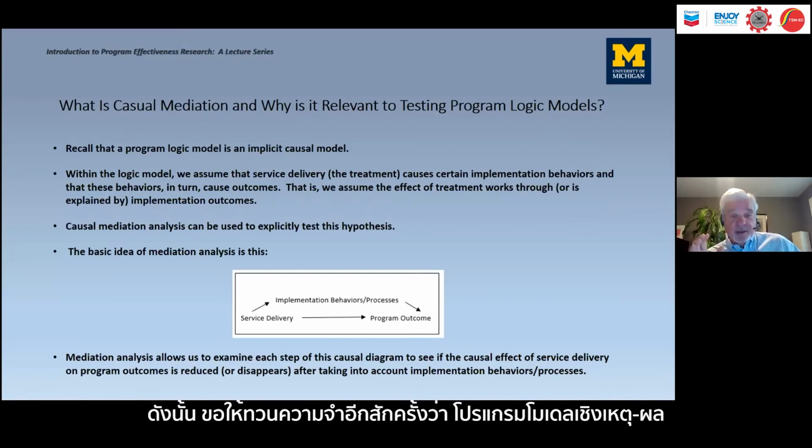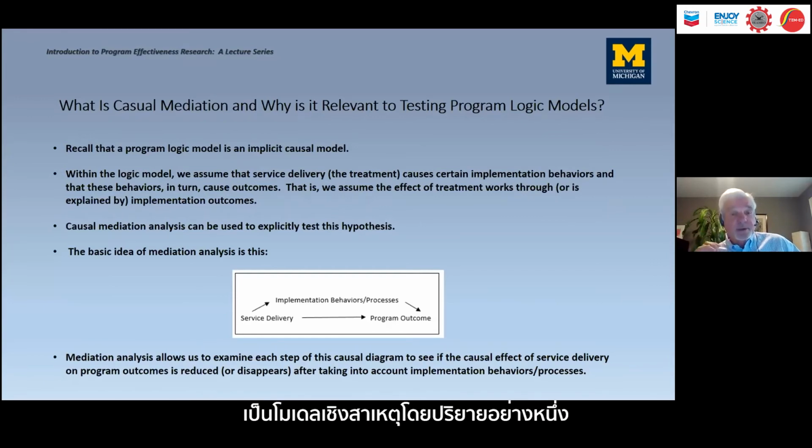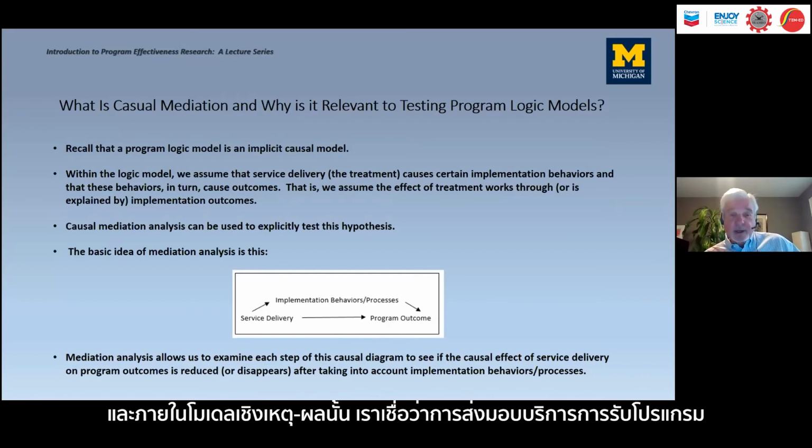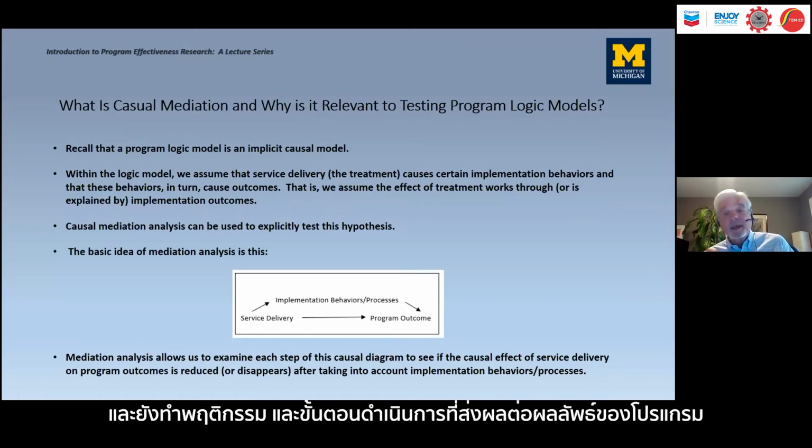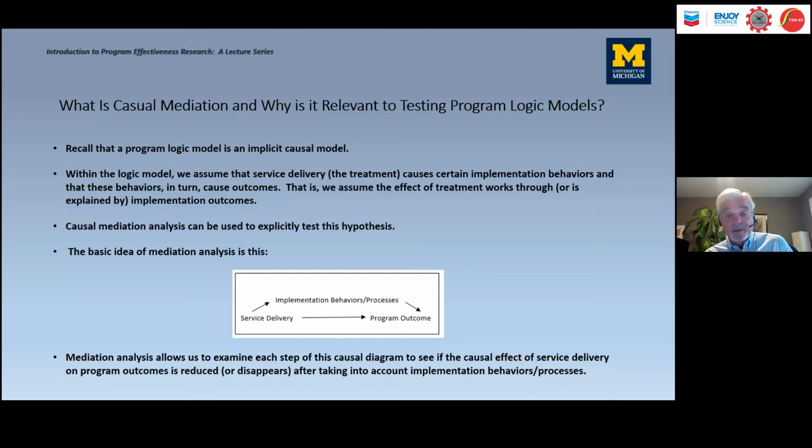So again, recall that a program logic model is an implicit causal model. And within that logic model, we assume that service delivery, the treatment, causes certain implementation behaviors and processes, and that those implementation behaviors and processes, in turn, affect program outcomes.